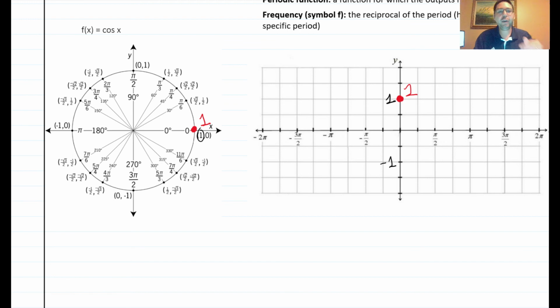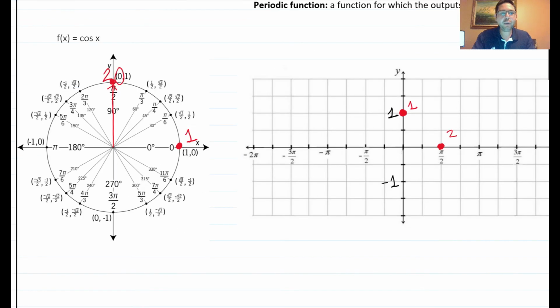So when the angle is 0, the x-coordinate is 1, and therefore I'm at the 1 instead of at the origin. Now, when the angle is 90 degrees or pi over 2, the x-coordinate is 0. So therefore, we're down here at the 0.